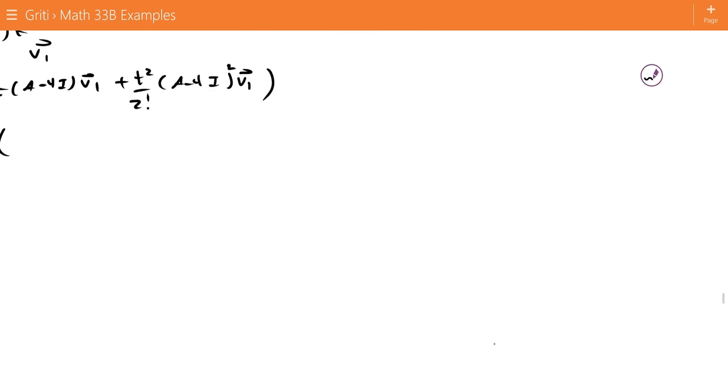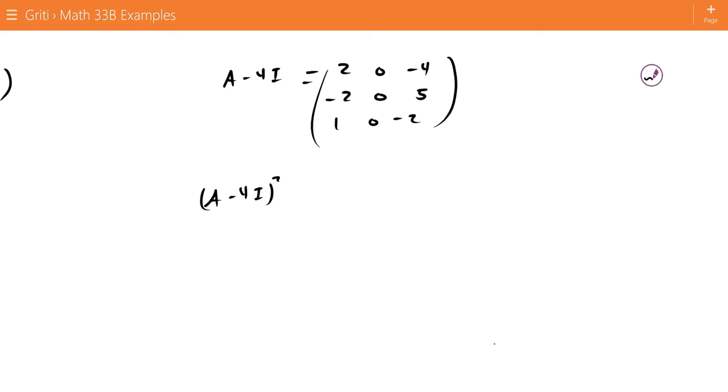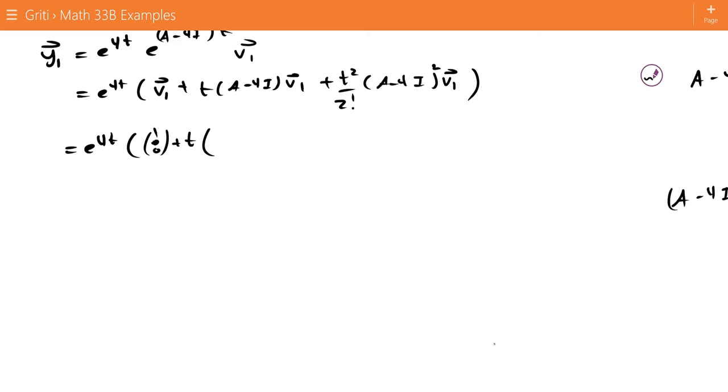So to do that, let's just look at A minus 4I. That is 2, 0, negative 4, negative 2, 0, 5, and 1, 0, negative 2. And if you square that, I'll let you check the work, but that will lead to 0, 0, 0, 1, 0, negative 2, and 0, 0, 0. So now using that, we can plug that into our solution.